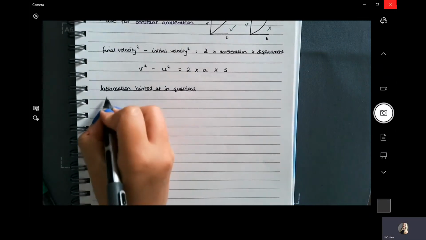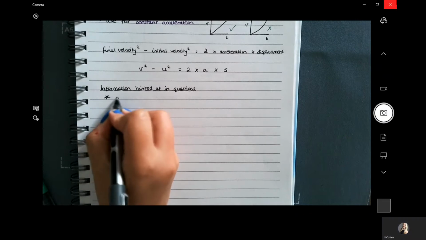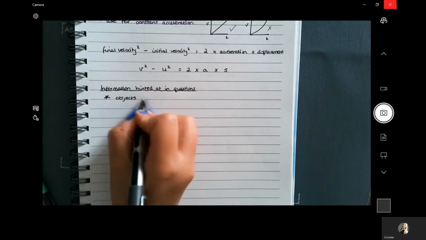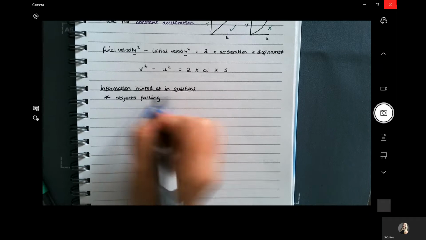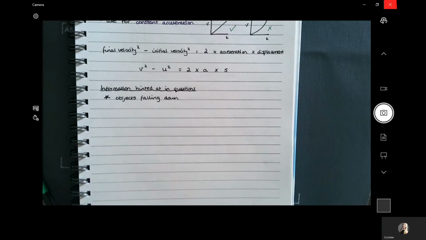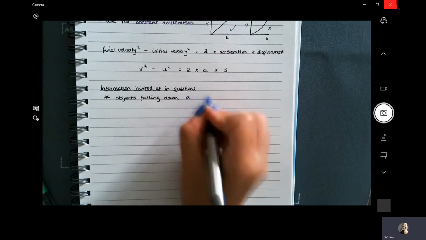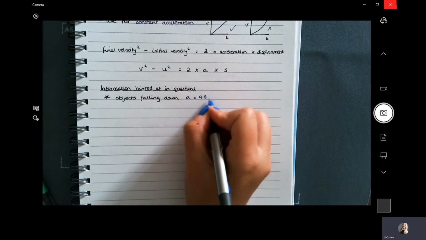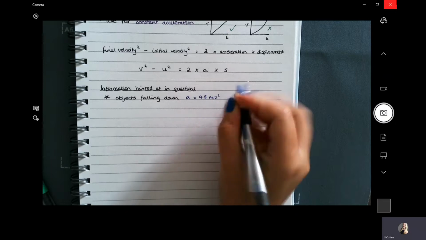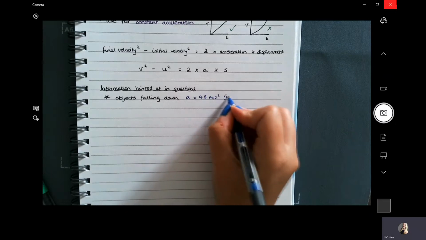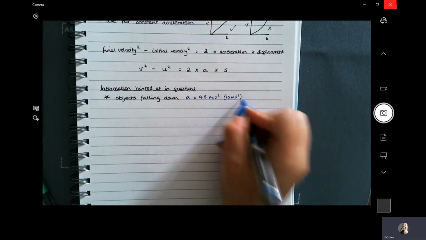So for example, objects falling down. Objects falling down will always have an acceleration due to gravity of 9.8 meters per second squared, or rounded to 10 meters per second squared.